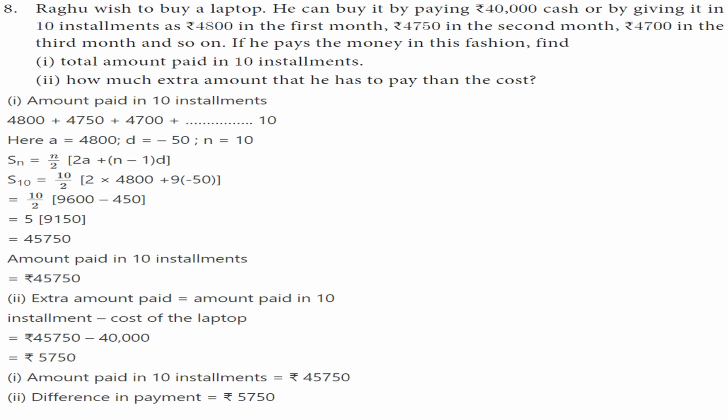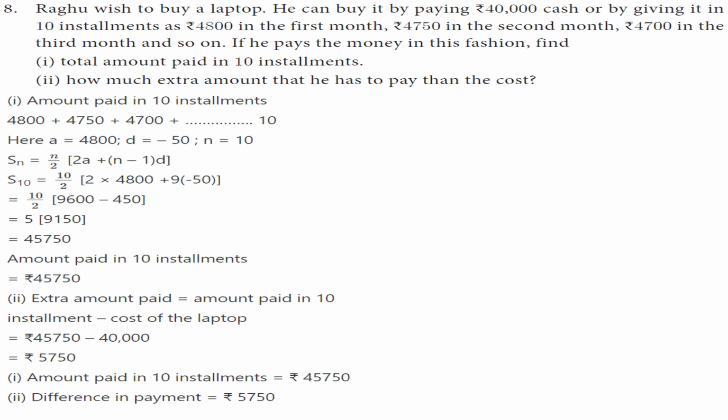So 10 by 2 into (2 into 4,800 plus 9 into minus 50). Cancelling 10 by 2, you get 5 into (9,600 minus 450), which is 5 into 9,150, that is 45,750 paid in 10 installments.